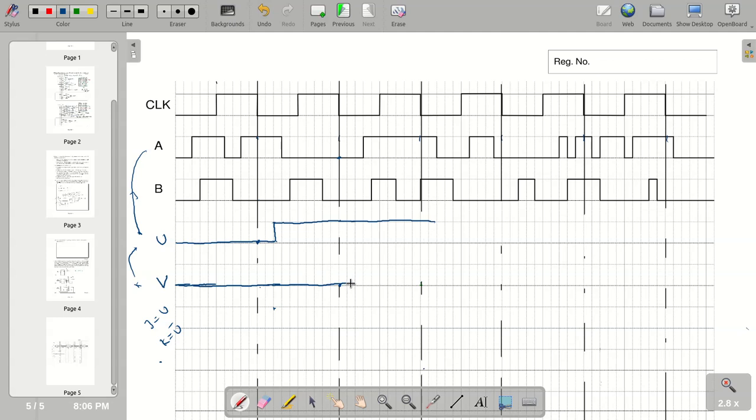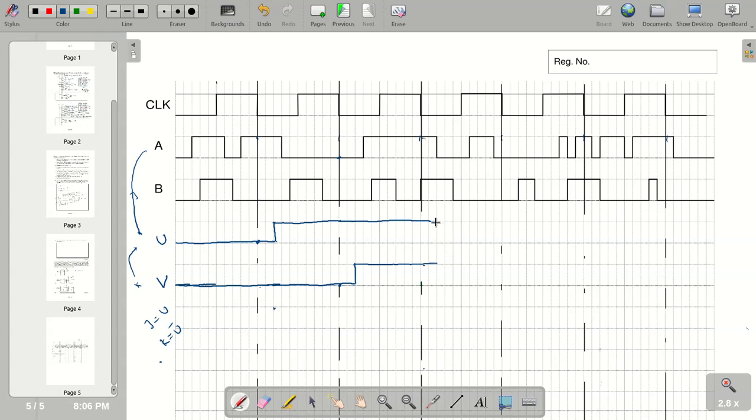Okay, then we take a look at this. So this looks at U, J is high, K is low, so it's going to turn to the high state, and it's going to remain the same way all the way through to the next one. Okay, next triggering event, this looks at A is high, and K is also high.